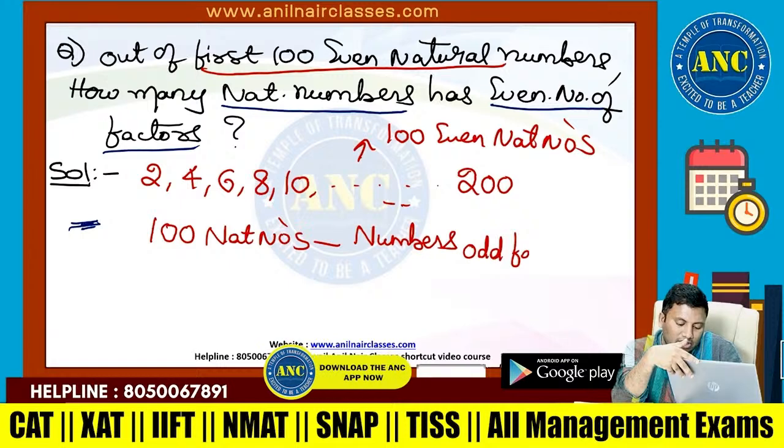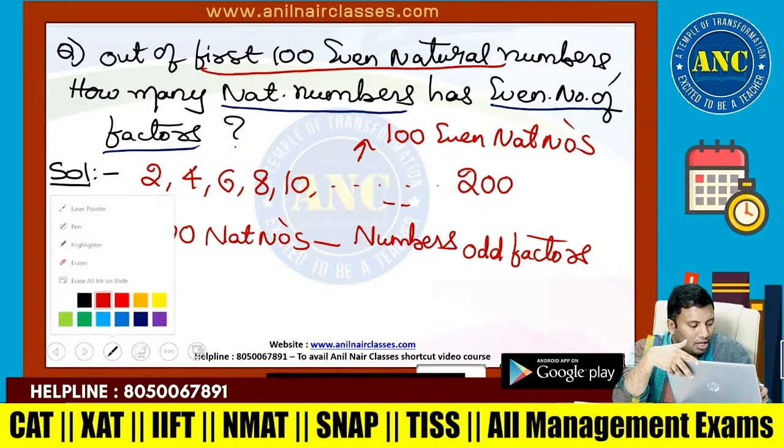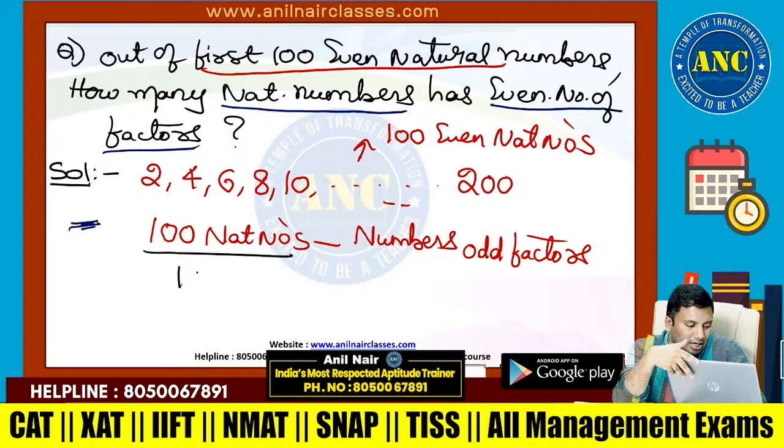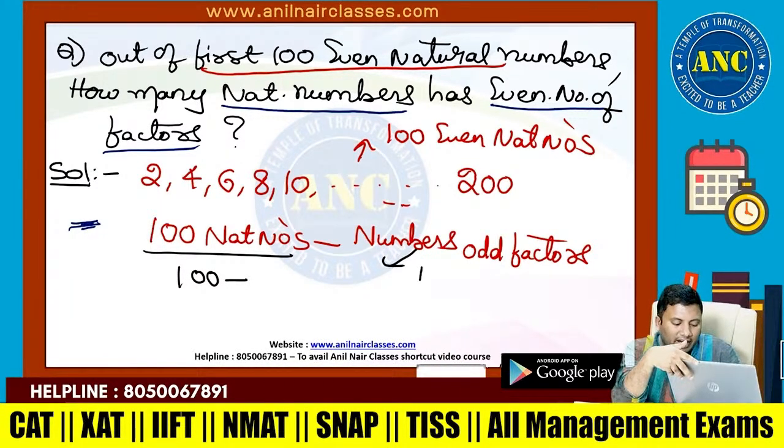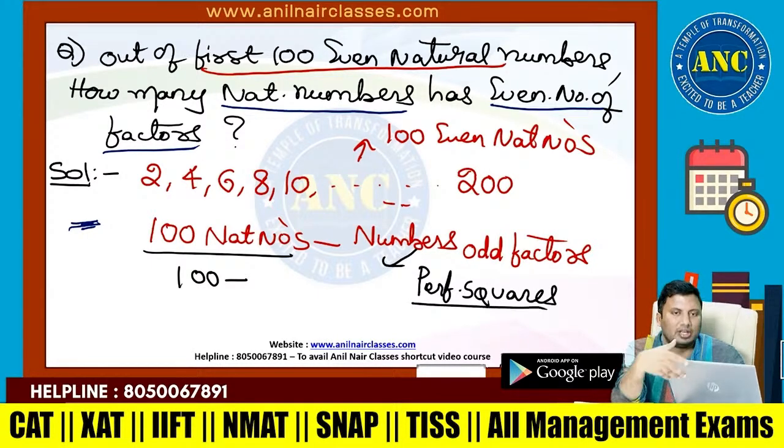Numbers which have an odd number of factors are called perfect squares.